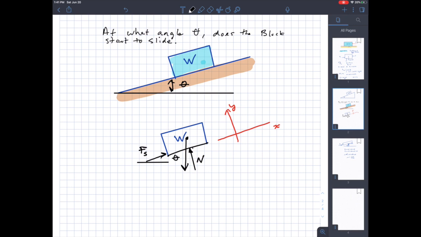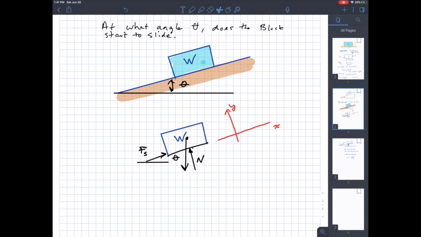And what we're going to assume here is that there's a coefficient of friction mu s. That's one thing we're given. All right, so let's get started with that.